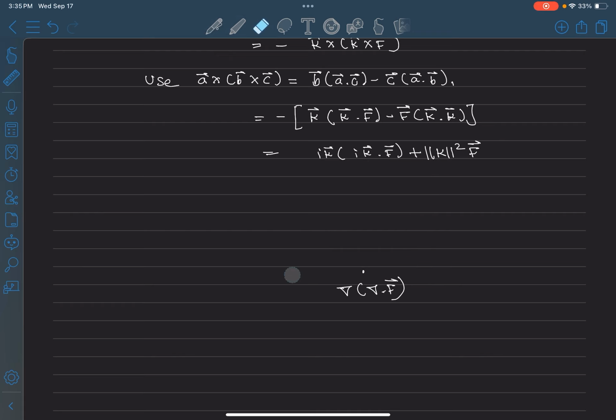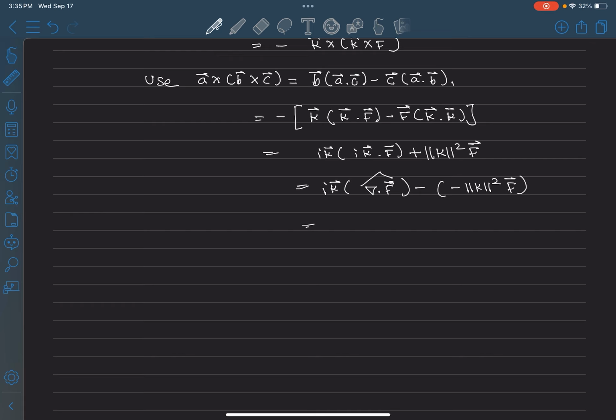So from here you can see that the inside part is just the Fourier transform of the divergence of F, right? And over here I can write this as minus magnitude of k squared times F vector.